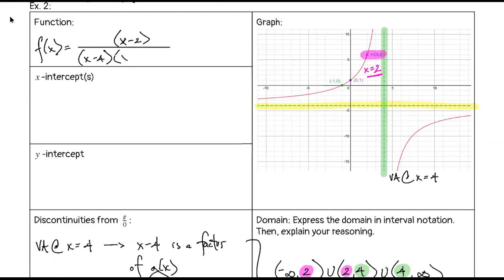Now, you do not have to line them up like this, one right on top of the other, but you can, if that helps you remember, okay, I've got a hole here, and then I've got the vertical asymptote, right? So this is our vertical asymptote, and this gives us the hole. So far, we've achieved the hole and the vertical asymptote. Do we have the right end behavior? Do we have the correct end behavior?